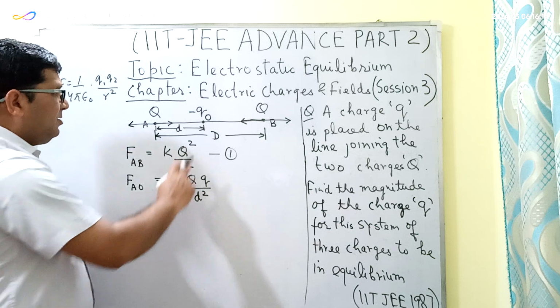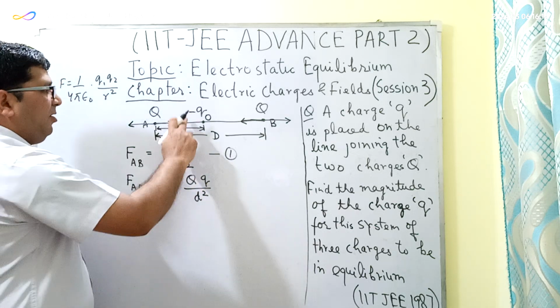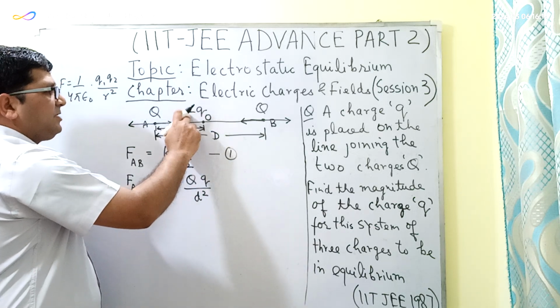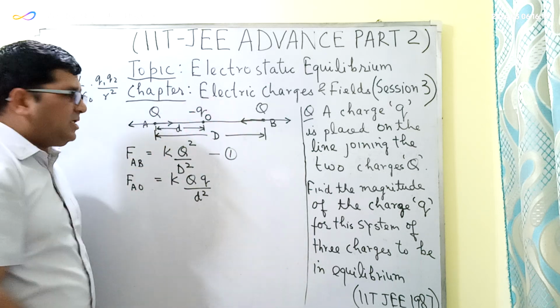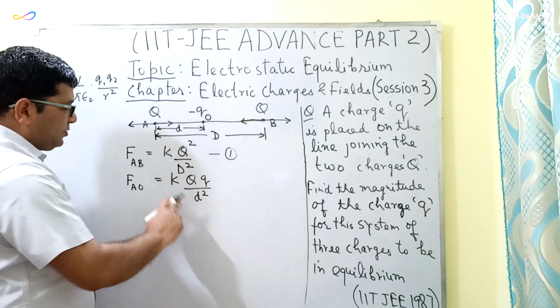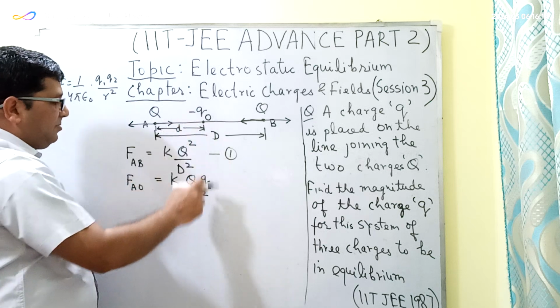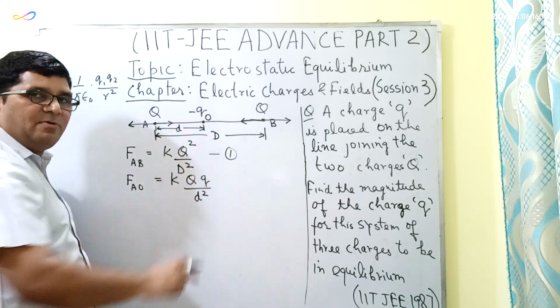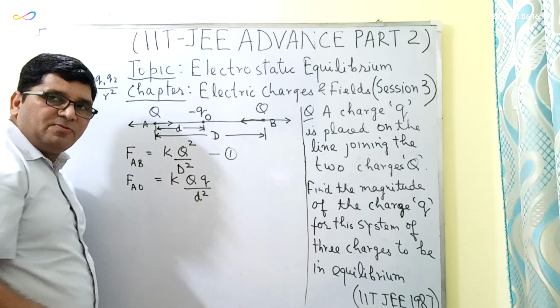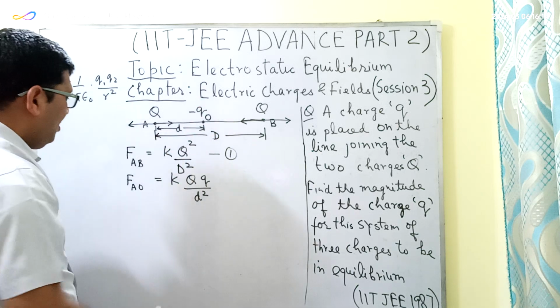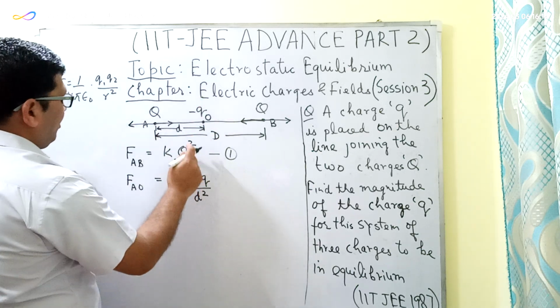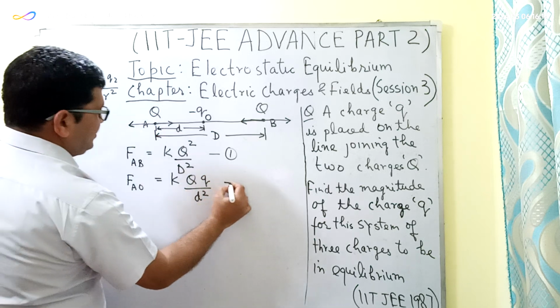Okay. One thing is there that we have already identified that this charge has to be a negative charge if this system of these three charges has to be in a state of equilibrium. So here I will not be taking this minus sign into consideration, because now I will be only finding the magnitude of this charge, small q. This is the second equation.